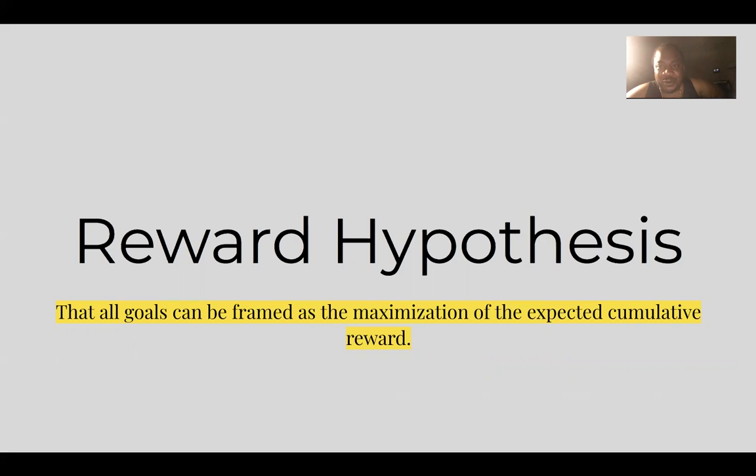That's a mouthful, but basically it's saying that our problems are really optimization problems. We're trying to figure out how we can optimize to maximize this expected cumulative reward, a scalar value, some number.